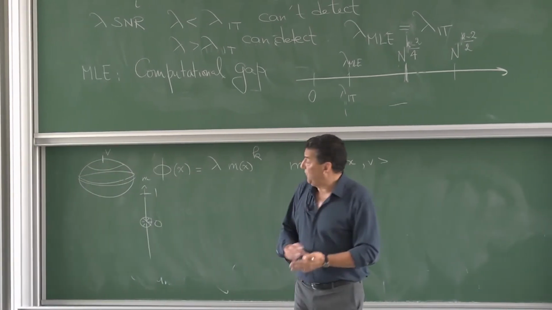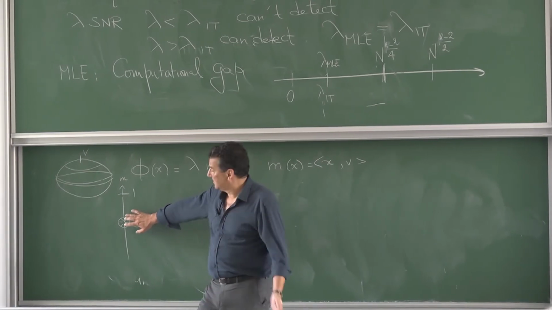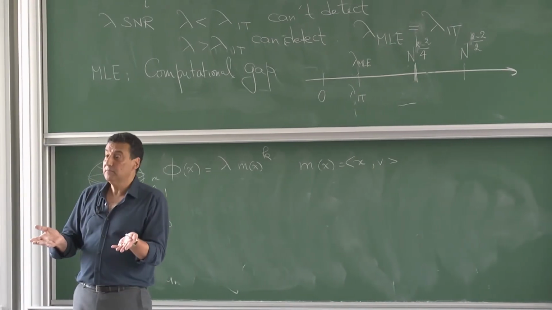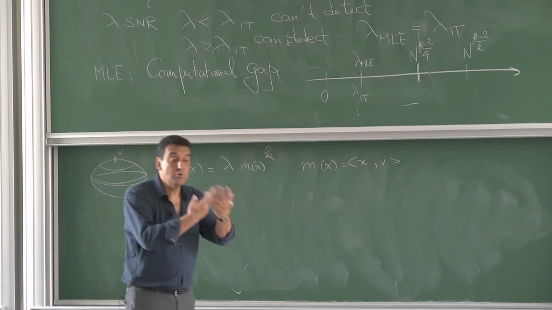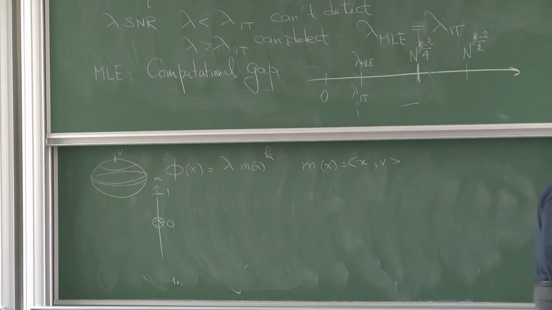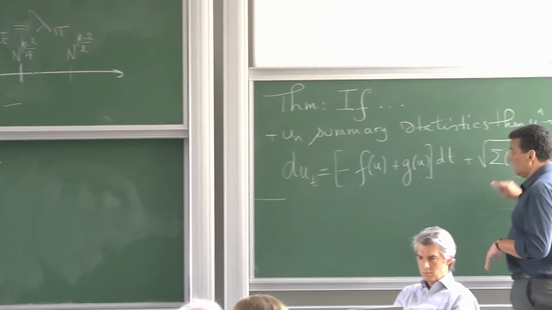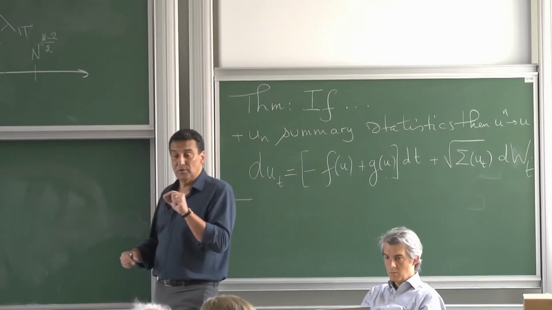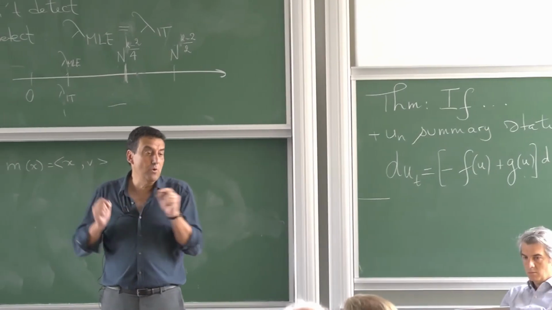So if you blow up by the right scale, which is 1 over root n here, then you apply the theorem again to these rescaled summary statistics. And now you get an equation where you do have a corrector and a diffusion. And with these, you can compute how much time it takes to escape, which we know, in fact.